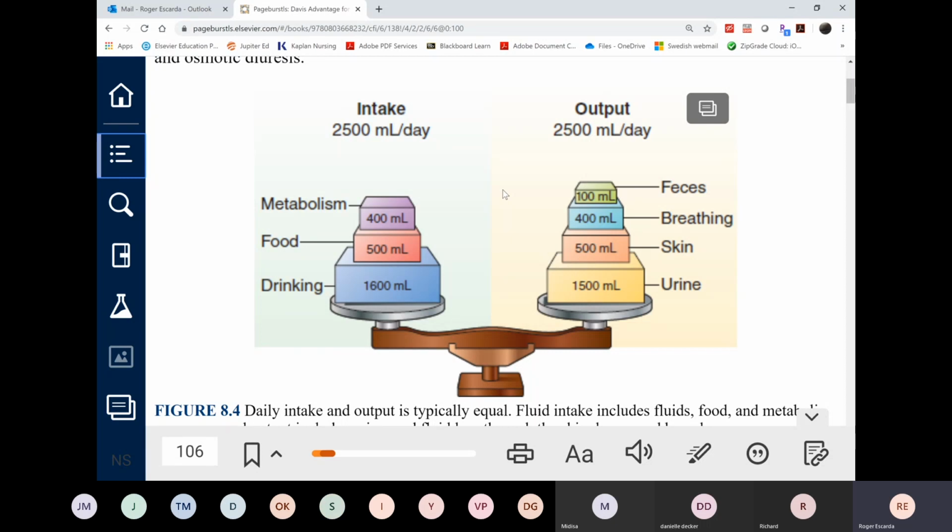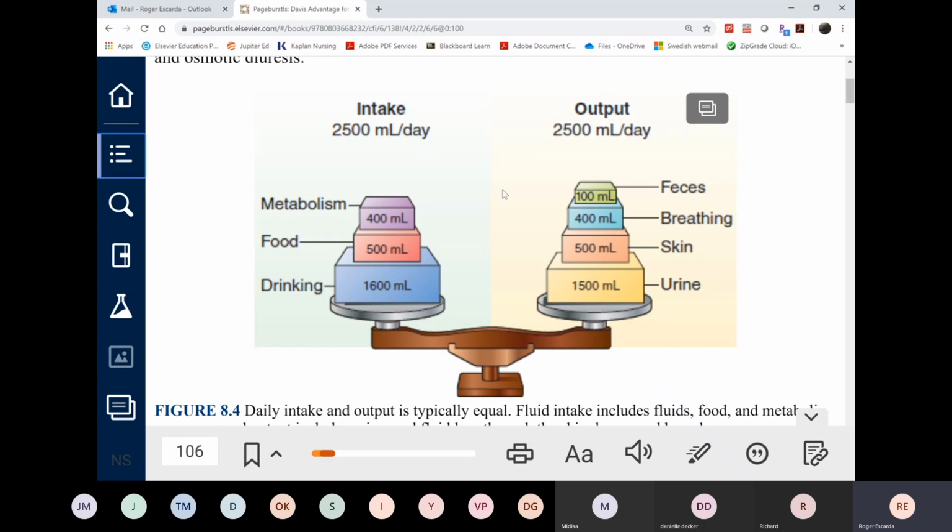Output, on the other hand, is not only through urine, but normally every day we pee about 1,500 ml. That changes, of course, in relation to how much you drink. But urine is not the only measurable output. Fluid loss is also achieved through insensible means.